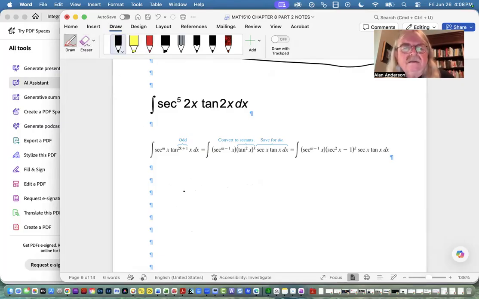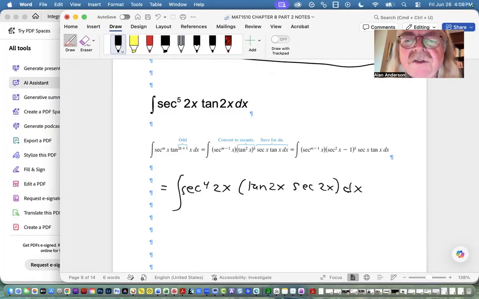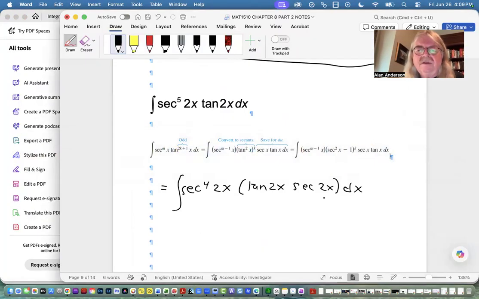I'm going to rewrite it, and then use one of the Pythagorean identities, which is that tangent squared will be replaced with secant squared minus one. Oh, but it's not squared, so no, we can't do that.